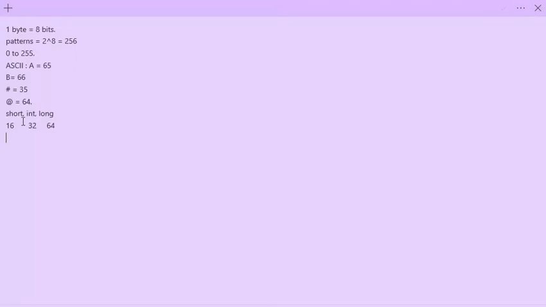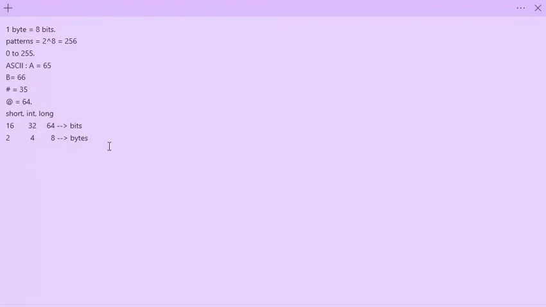And 16 bits is also known as how many bytes? 2, because 16 divided by 8 is 2, and 32 is also known as 4, and 64 is known as 8. So let me write it. These are for bits and these are for bytes.